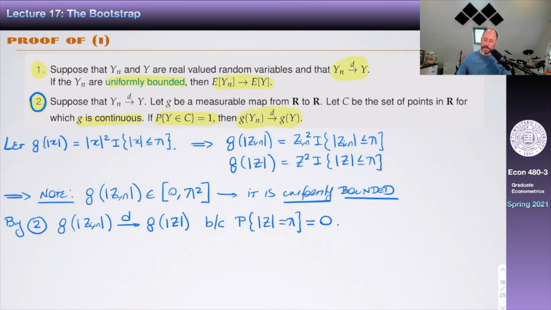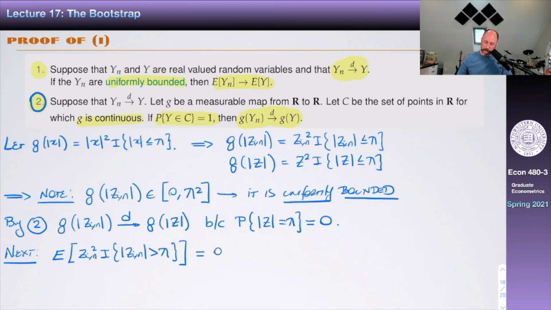So we have that. And so next, I'm going to write the expected value of z_n squared times the indicator that the absolute value of z_n is greater than lambda.